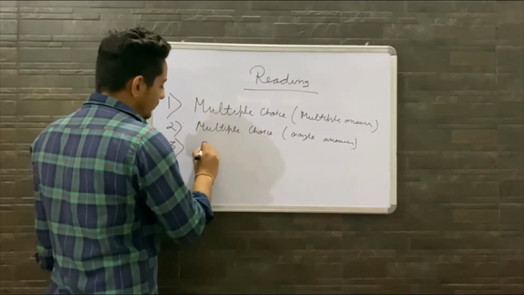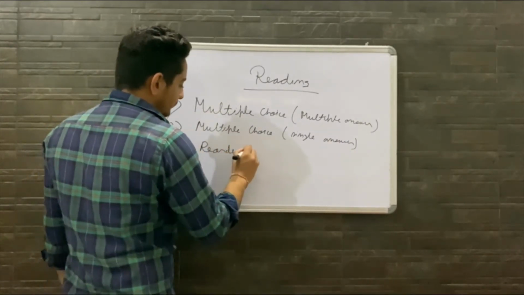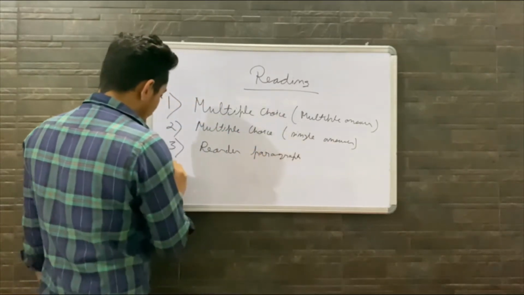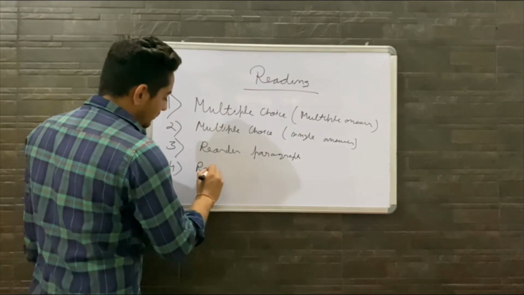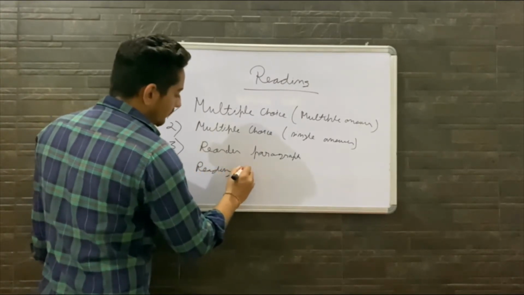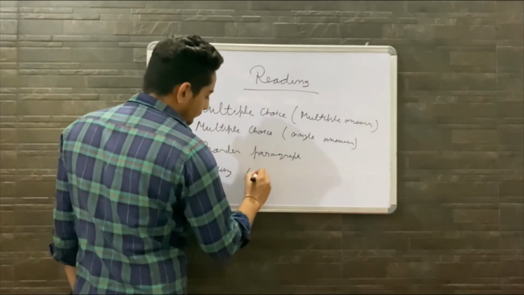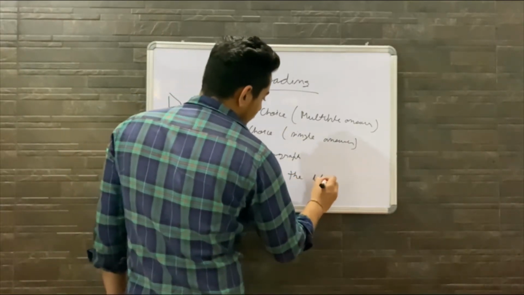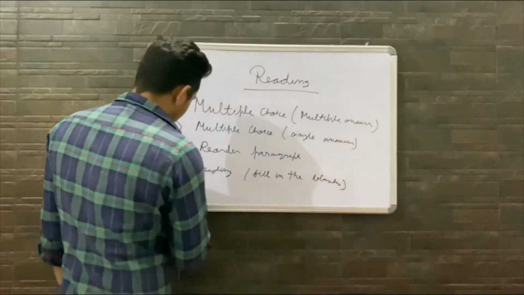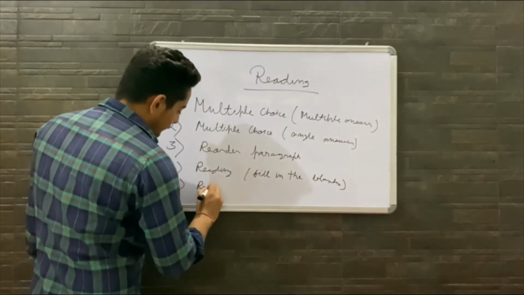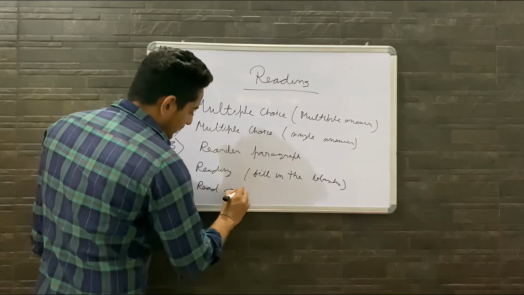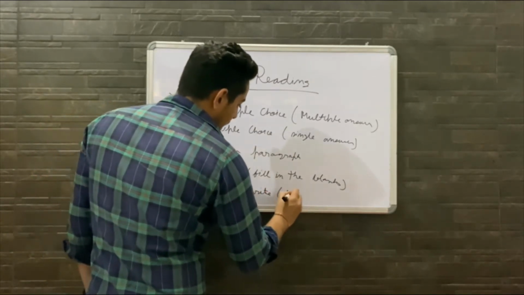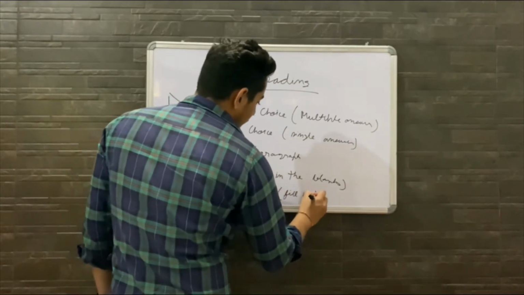Third one is reorder paragraph. Fourth one is reading, filling the blanks. And fifth one is read and write, filling the blanks. Read and write, fill in the blanks.